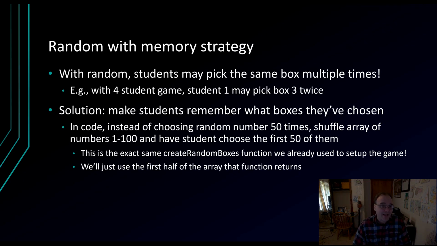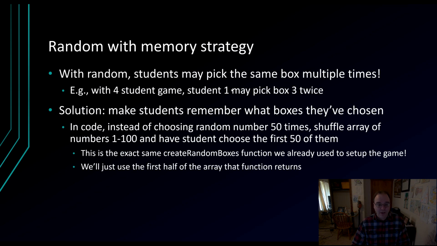What if we just do that again, but then just choose the first 50 of those boxes? It takes the numbers 1 through 100, shuffles them, and then we just take the first 50 and say, yep, those are the boxes that we're going to randomly choose. That actually accomplishes what we want and does so with a function we already wrote. So it's great. We get to reuse this function. So that's what we're going to do.